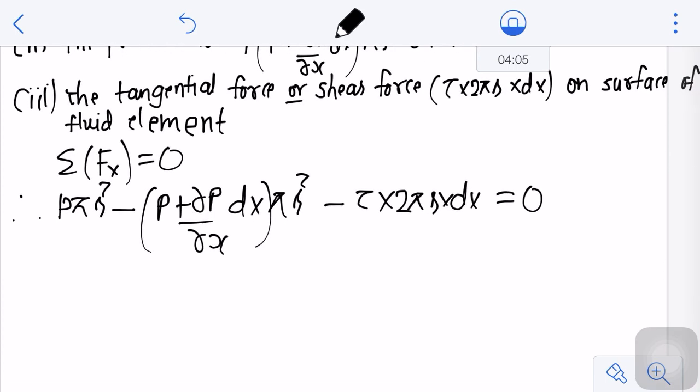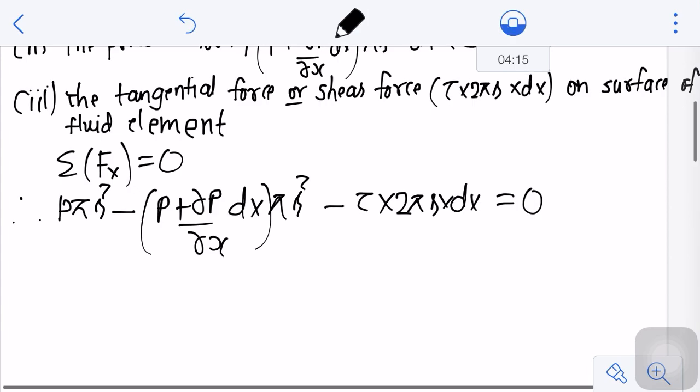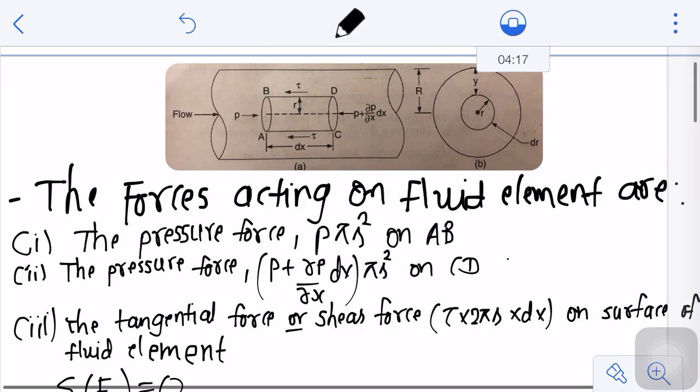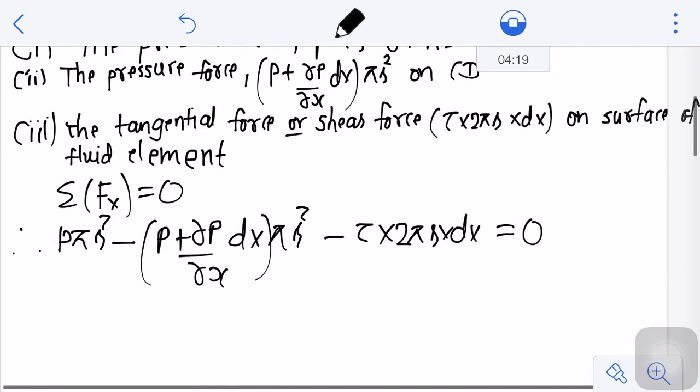As you know, in the sign convention we have considered, forces act either to the right or to the left. The right direction is the direction of the fluid flow, as you can see in this figure, and the minus sign indicates a force acting in the direction opposite to the fluid flow. So the second pressure force and the shear force act opposite to the direction of the fluid flow.